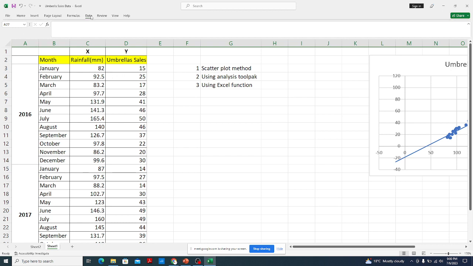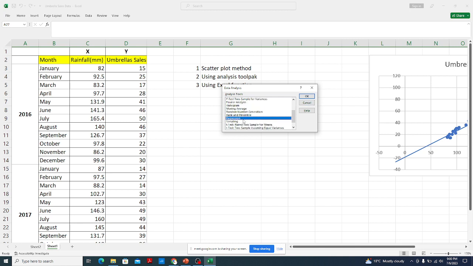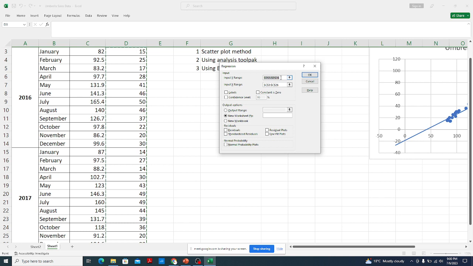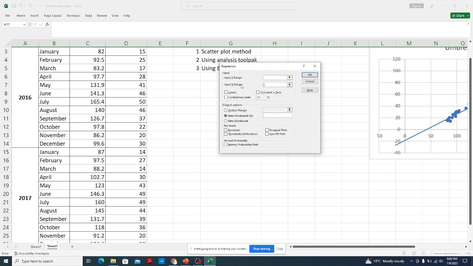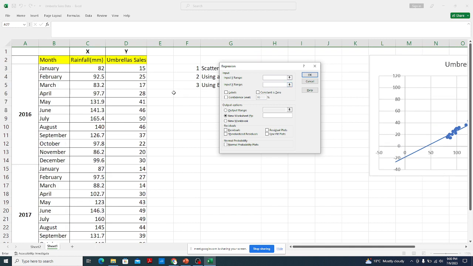So you will come to data, then go to data analysis, then you'll go for regression. After choosing regression, you will have to highlight your input data range. You can see we are required to enter the input y range, so this is our y range.